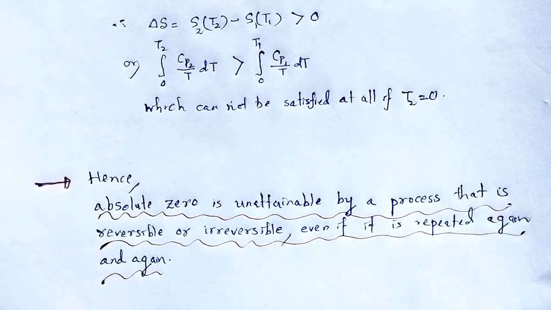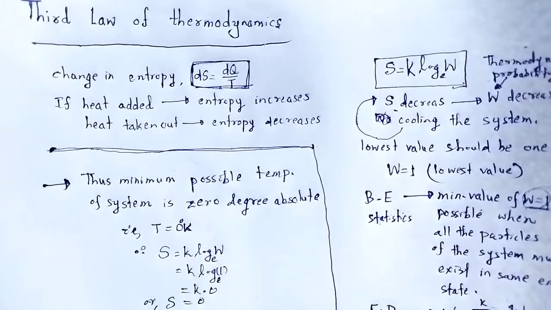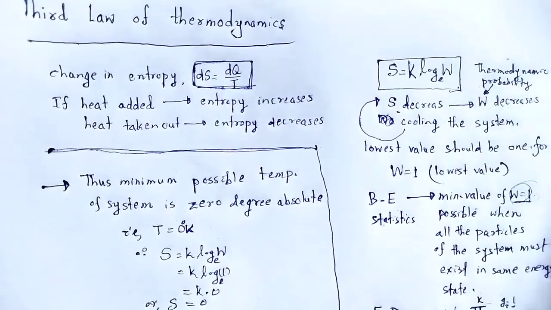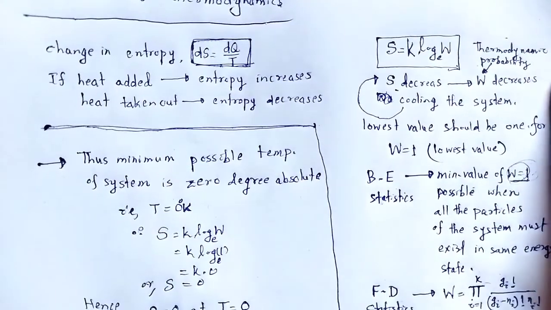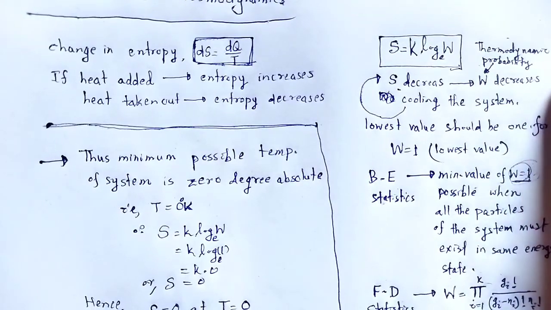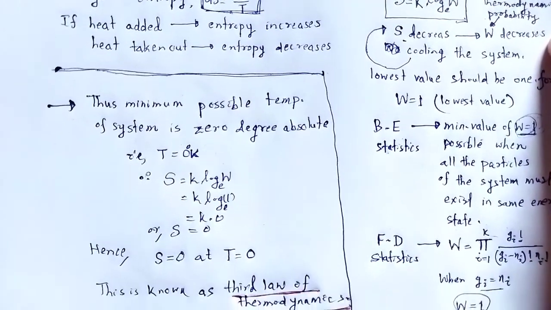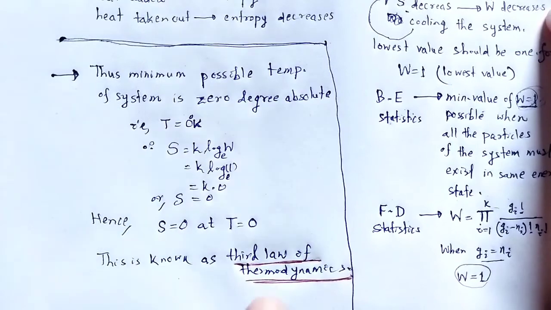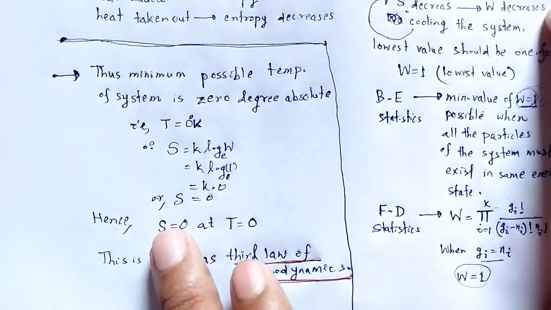So, with the help of this video lecture, we understand the third law of thermodynamics. How do we get the third law of thermodynamics? By taking two mathematical equations to analyze, at absolute 0 temperature the entropy will be 0.